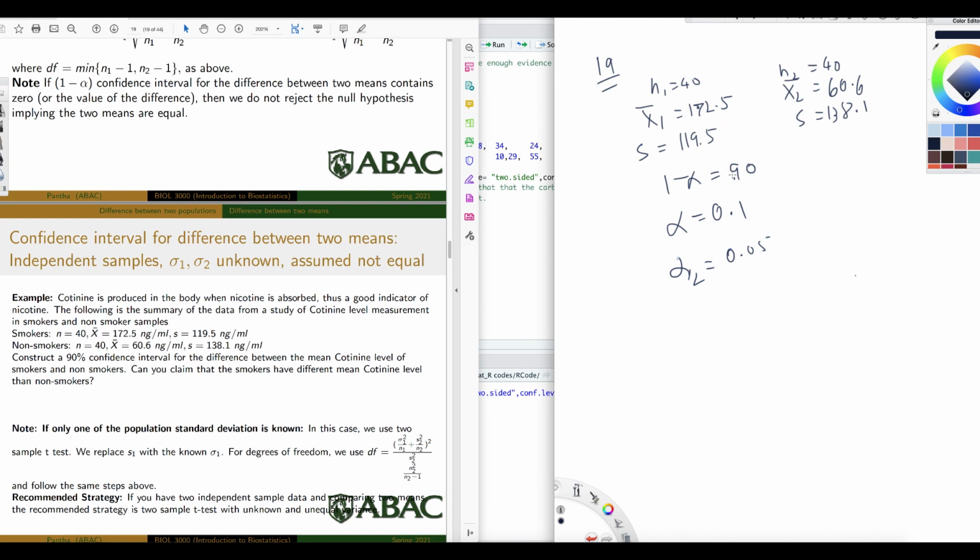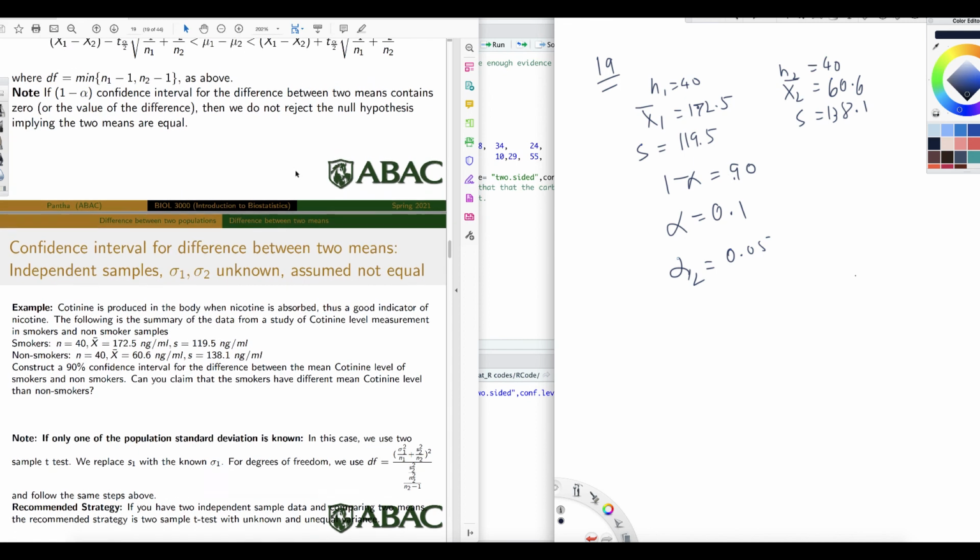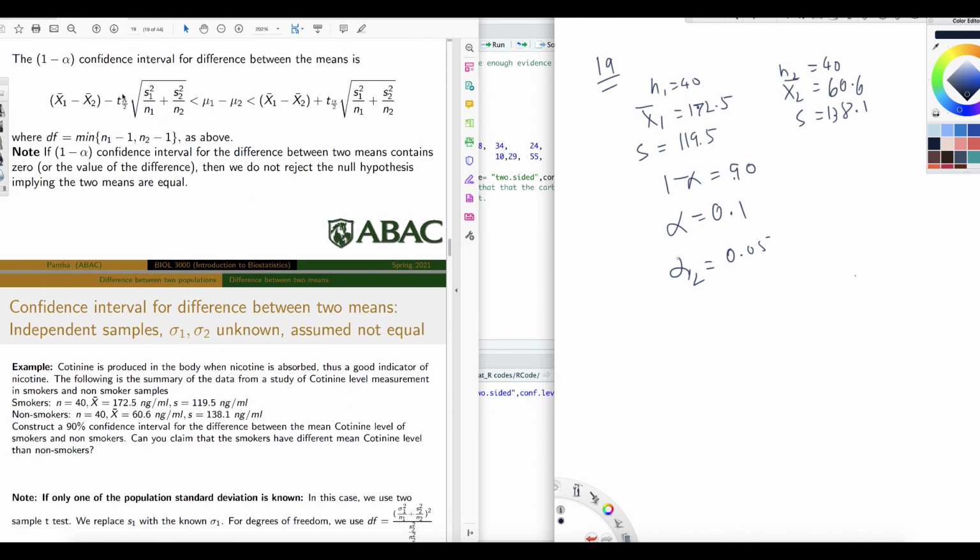So how do I find out the T alpha half? Because the formula here needs T alpha half, right? Negative T alpha half and positive T alpha half. This is the left 0.05 and this is the right 0.05, right? This is negative T alpha half. Why do we denote it by T alpha half?